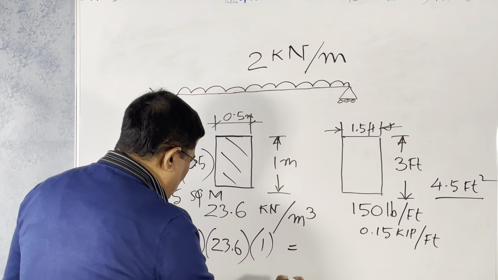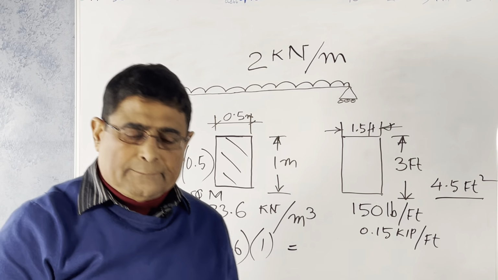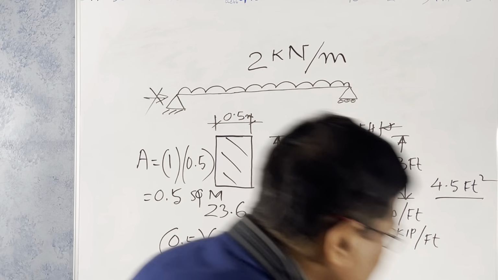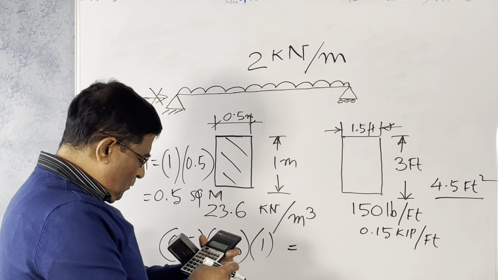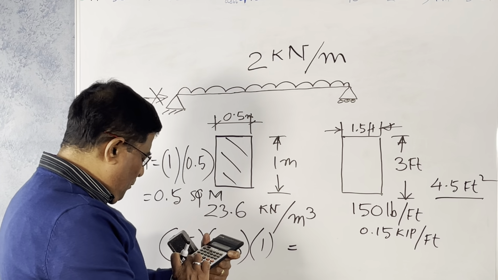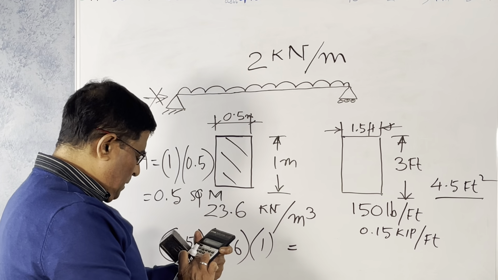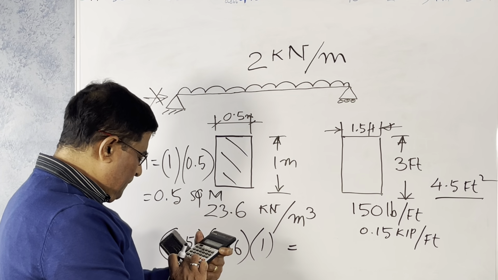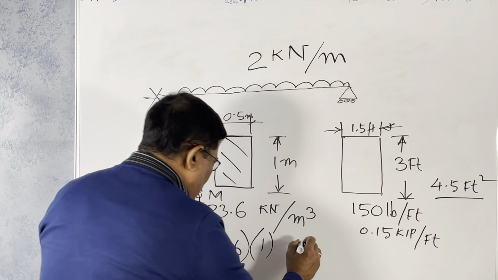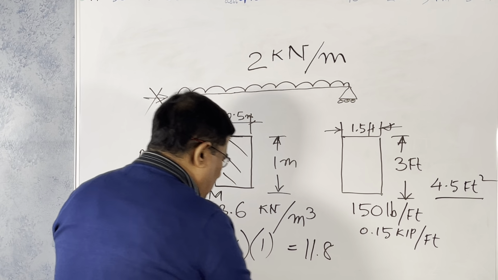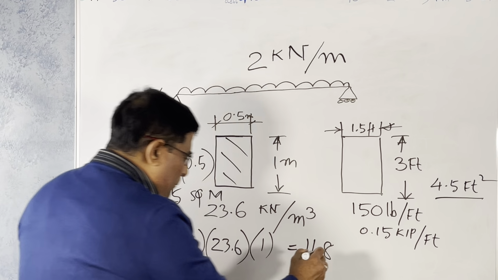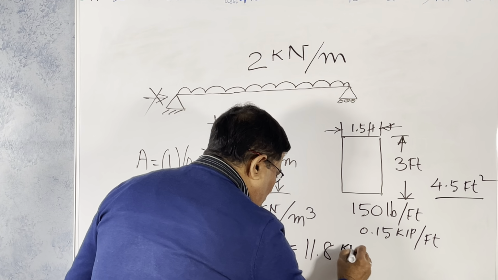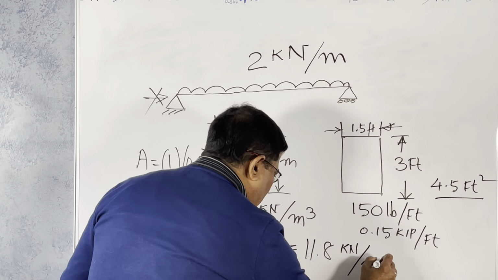So what will that be? Let us calculate that. 23.6 multiplied by 0.5 is 11.8. So the weight of this section per meter is 11.8 kilonewton per meter.